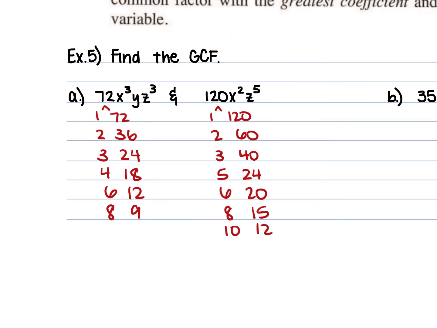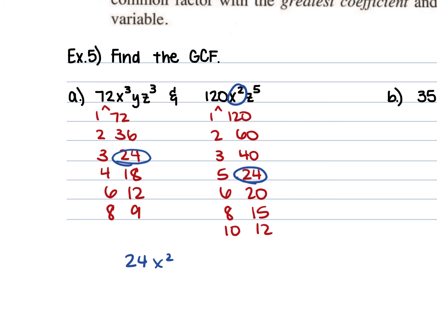So for your greatest common factor between these, if we look at the smaller of the two numbers, the 24 goes into both of these numbers evenly. Because the 24 goes into both of these evenly, we're going to keep the 24, and then you want to look at your variables with these powers. You have an x for both of these numbers. The smaller power is x squared, so we're going to keep the x squared.